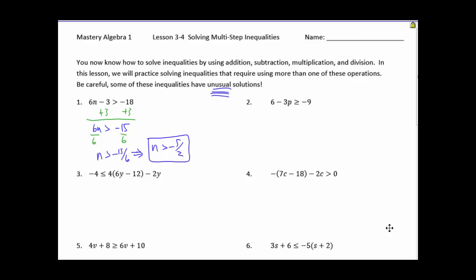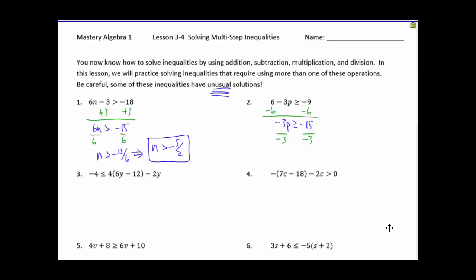Again, we want to solve for p, so let's get rid of the 6 first. So let's subtract 6, then we're left with negative 3p greater than or equal to negative 9, and negative 6 makes negative 15. Now let's take that negative 3 and divide by negative 3.